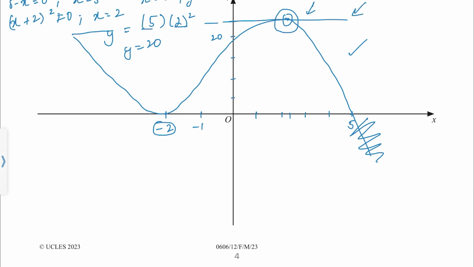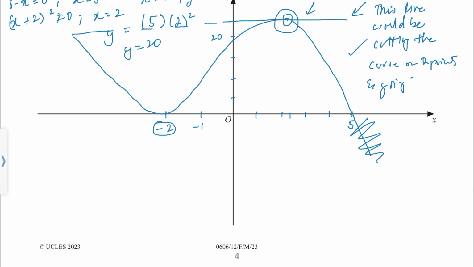Now, if we extend this line here, this line would be cutting the curve on 2 points, and going beyond that, the line would give us only one root.